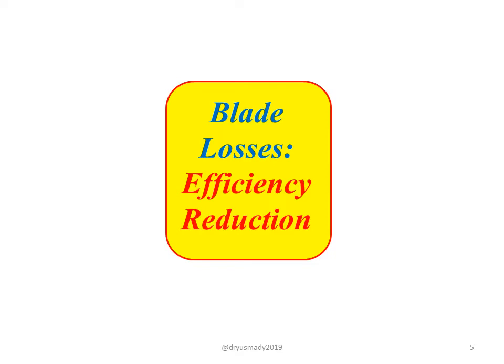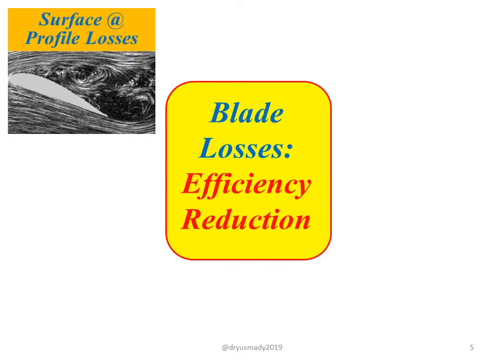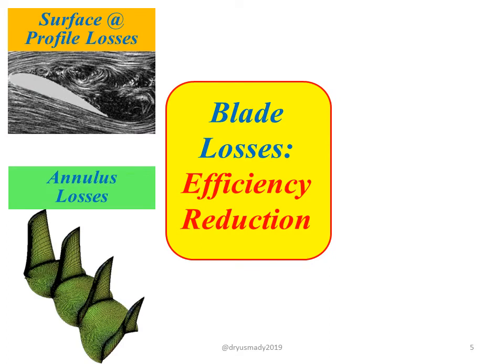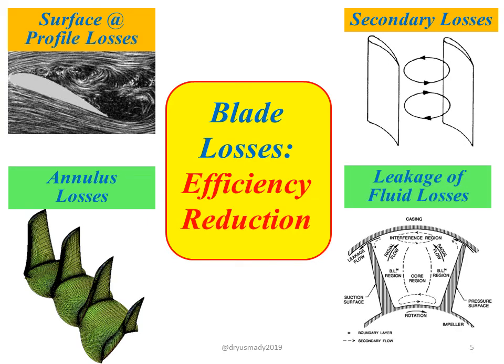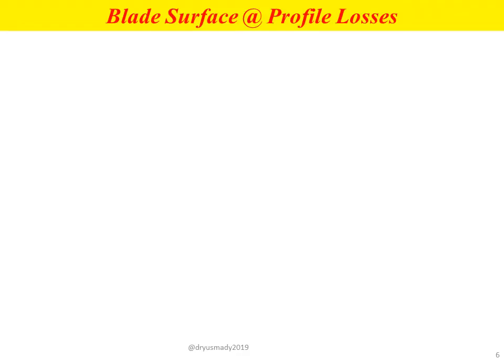There are 4 types of blade losses. First, we have surface or profile losses. Second, annulus losses. Third, secondary losses, and also leakage of fluid losses. All these 4 types of blade losses are affected by the blade profile condition. Now about the blade surface or profile losses.